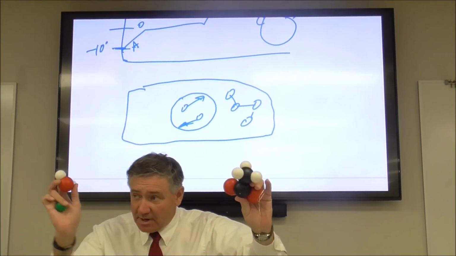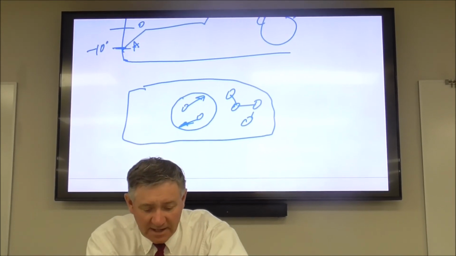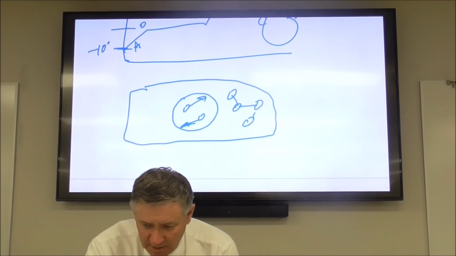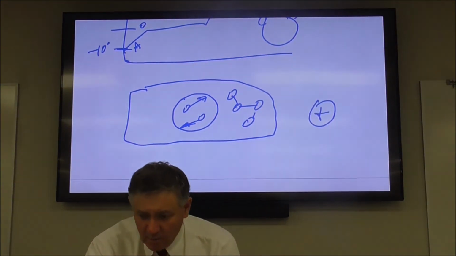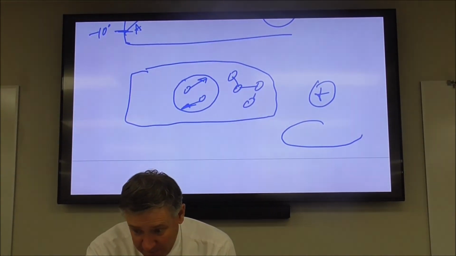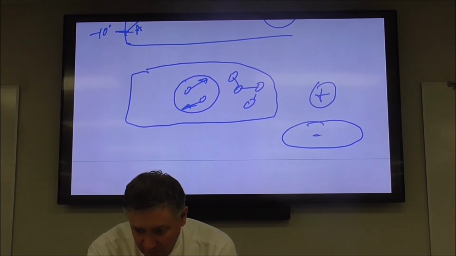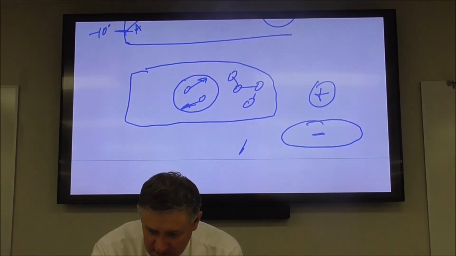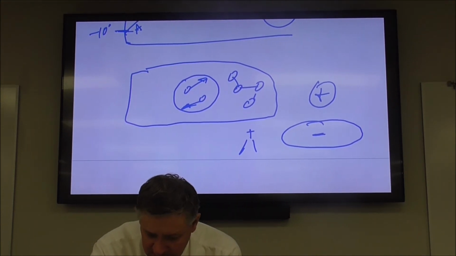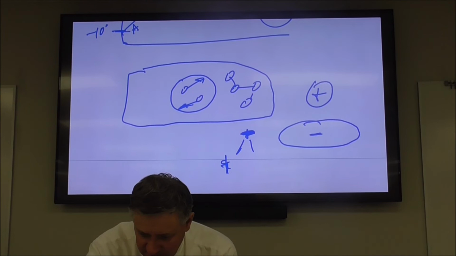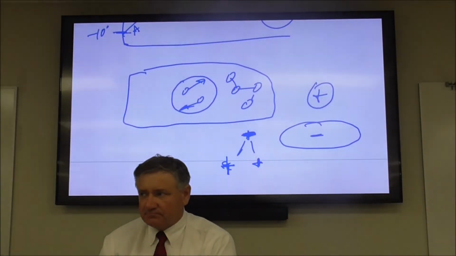Acetates, sodium ions, water. And I tell you up there, what I want you to use for sodium is just a circle with a positive charge in it. The acetate, because it's so big, basically that's an oval with a negative sign in it, and the water is going to be a plus sign, a negative sign, with the two positives down here, okay?